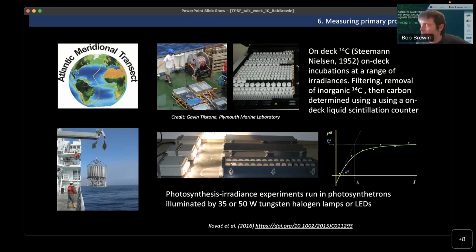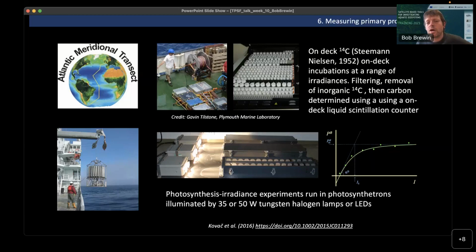So what you would do here is you would collect a water sample pre-dawn, before the sun rises, and then you would incubate them on deck over the course of the day. You would use the 14C technique, whereby you add 14C to the sample and run these incubations over the course of about 12 to 24 hours at various light gradients that are designed to reflect the depths at which they were collected in the water.